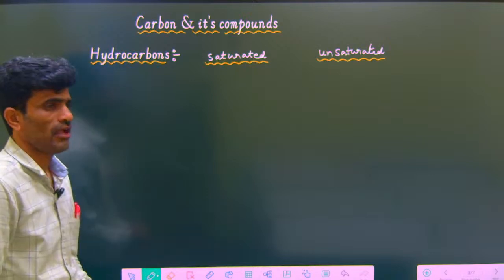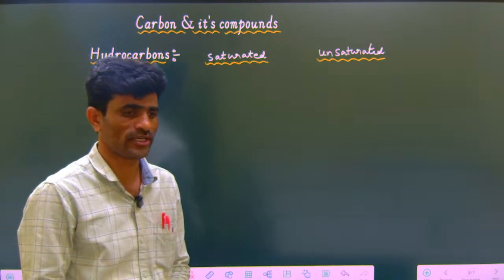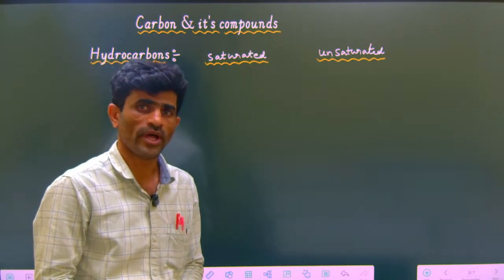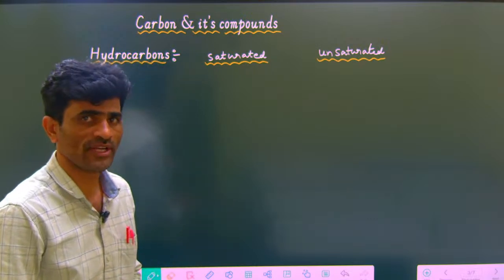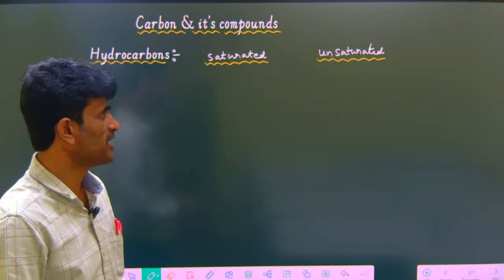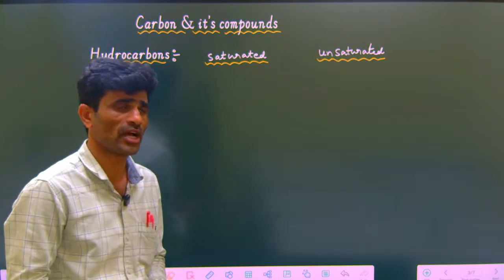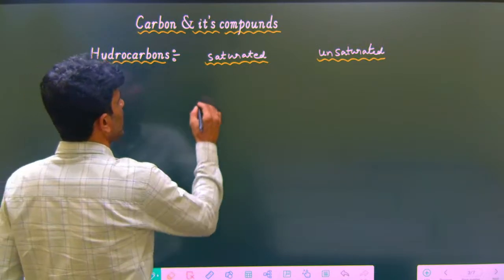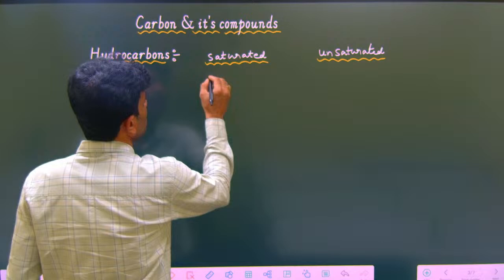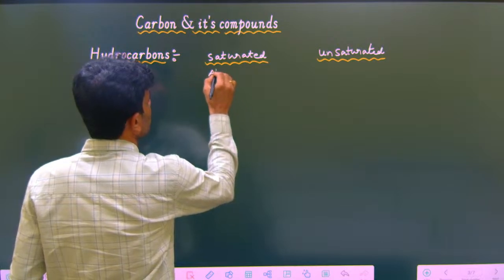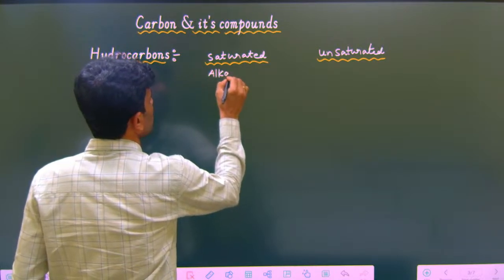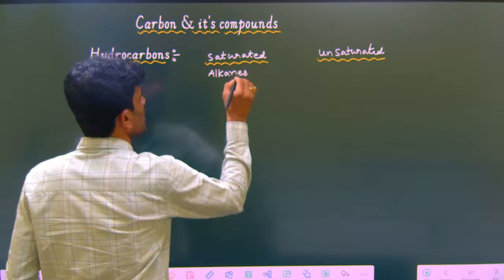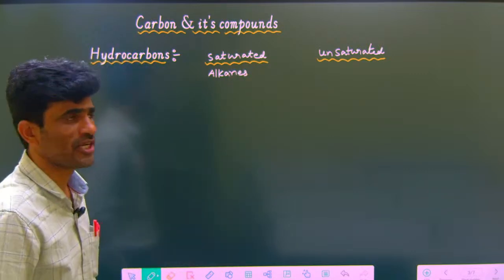When do we say hydrocarbons are saturated? If there is one single bond between carbon and carbon atoms, we call them saturated hydrocarbons, and saturated hydrocarbons are also called alkanes. Alkanes are saturated hydrocarbons.